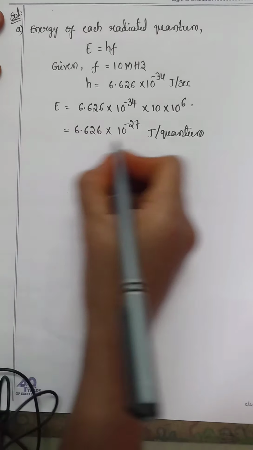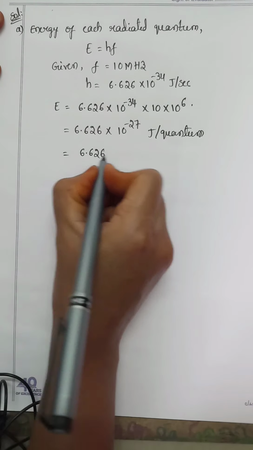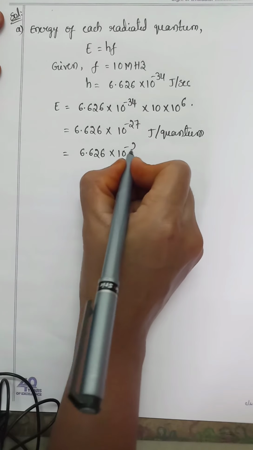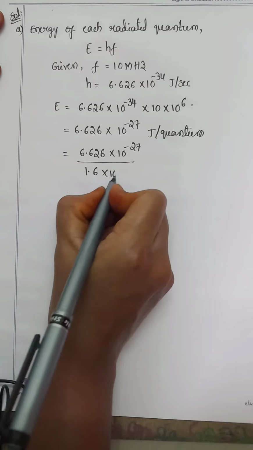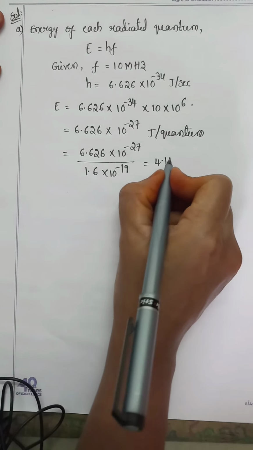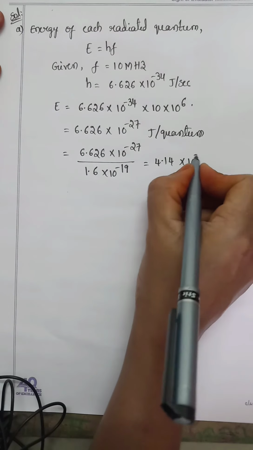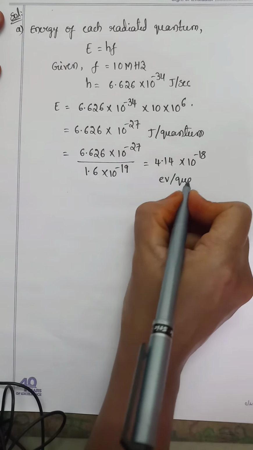Now if we want to convert this into electron volts, we have to divide this by 1.6 into 10 to the power of minus 19. If we simplify this, we get 4.14 into 10 to the power of minus 18 electron volts per quantum.